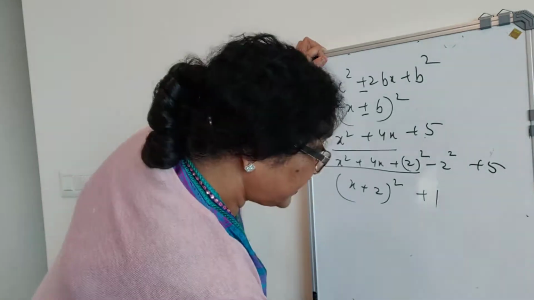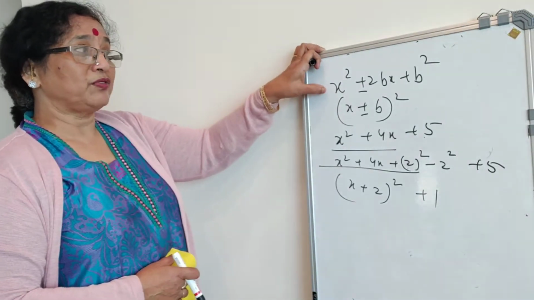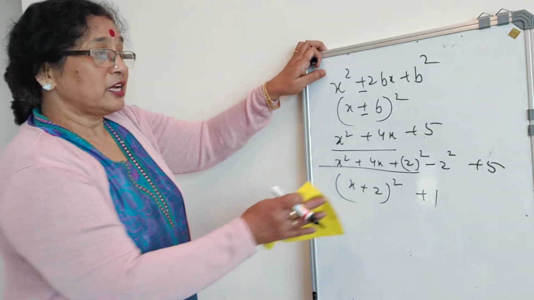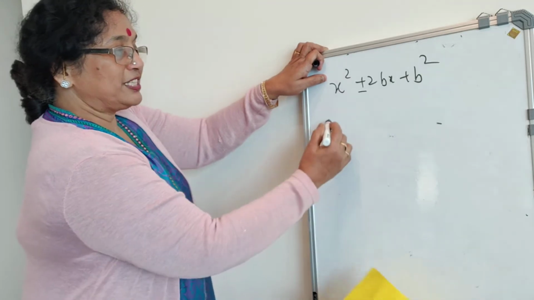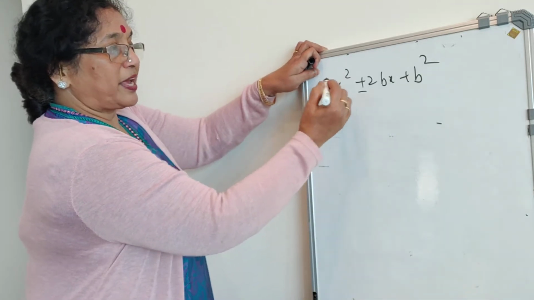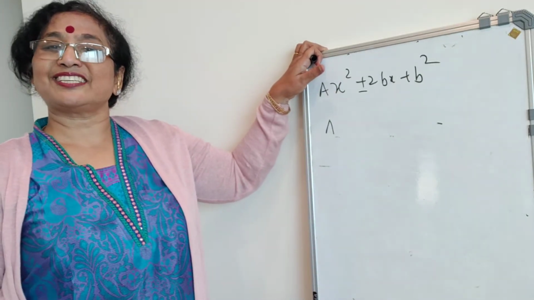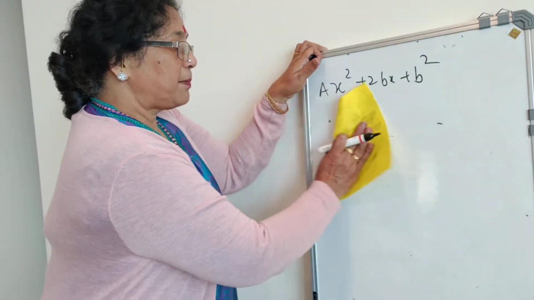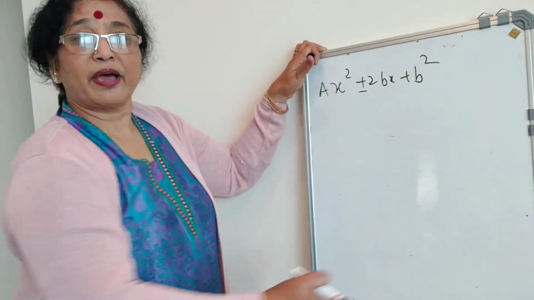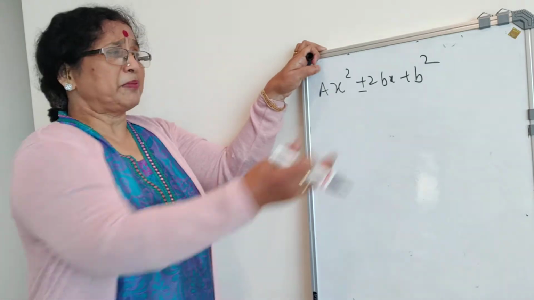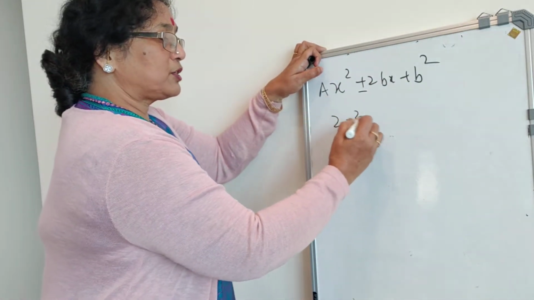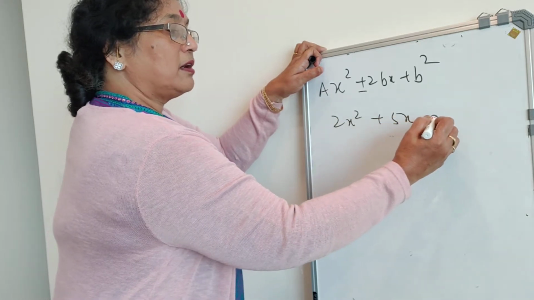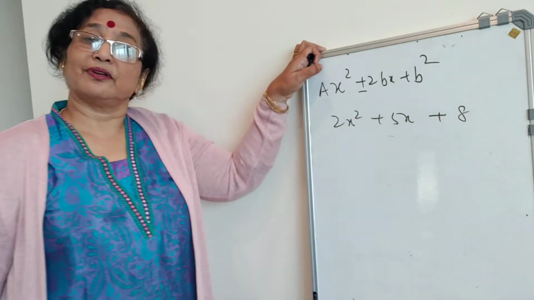Okay? Next one is, suppose you have, now this is 1x square, right? Suppose you have a coefficient of x square, of the format ax square plus something x plus a number, right? So what do we do there? For example, you have 2x square plus 5x plus 8, right?